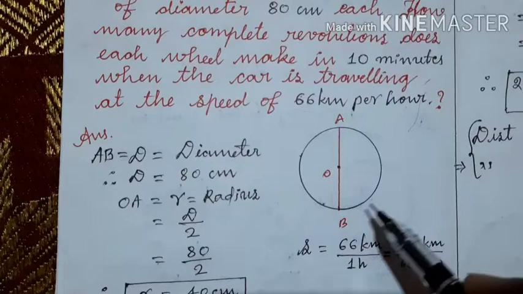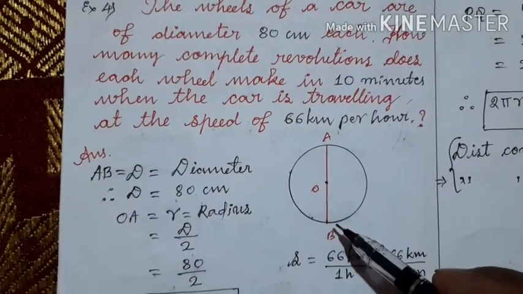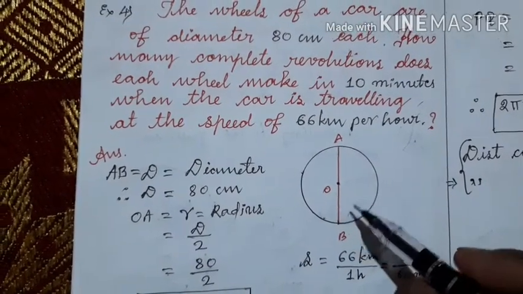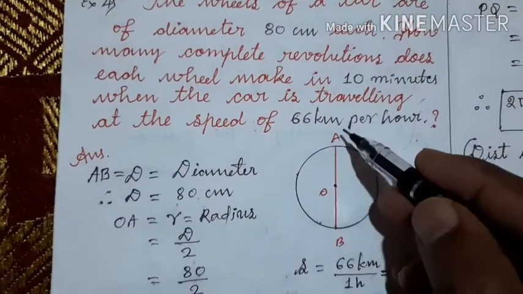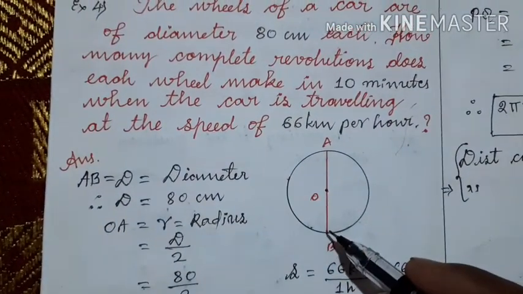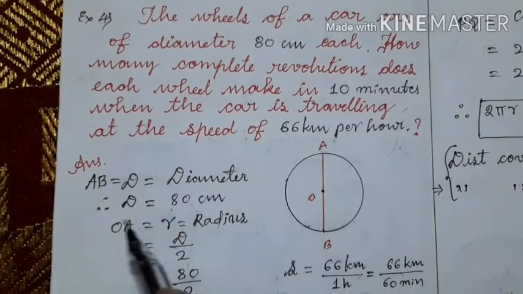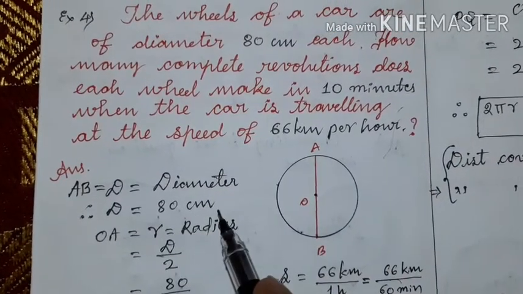Let this be the wheel of the car. Actually, a car will have 4 wheels, but here I have considered one wheel. Okay, this is the wheel of the car with center O, and AB is the diameter of the wheel of the car, and it is given that AB is equal to D. D means diameter, and it is 80 centimeter.